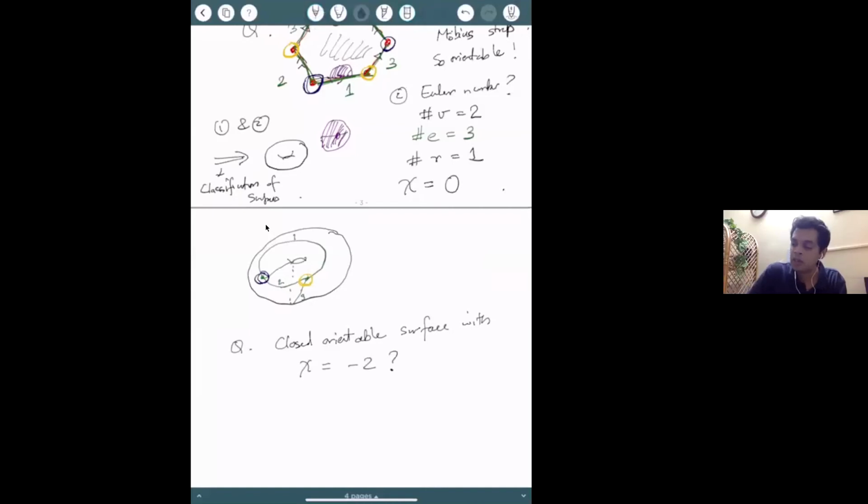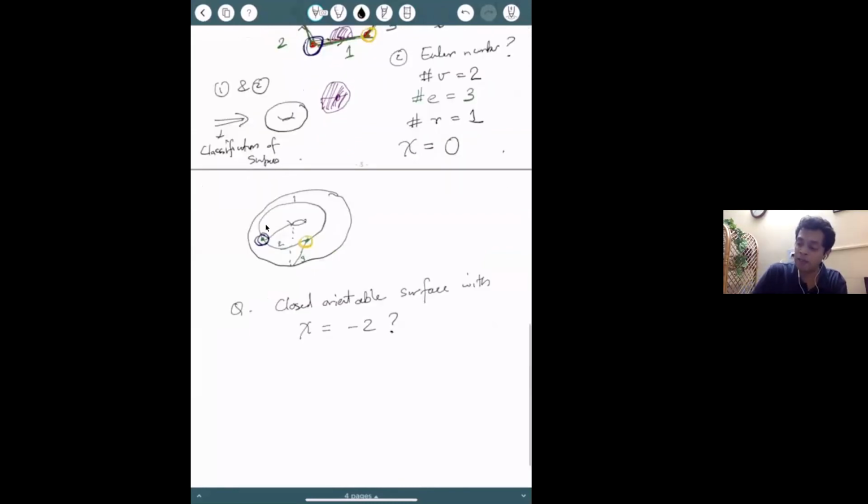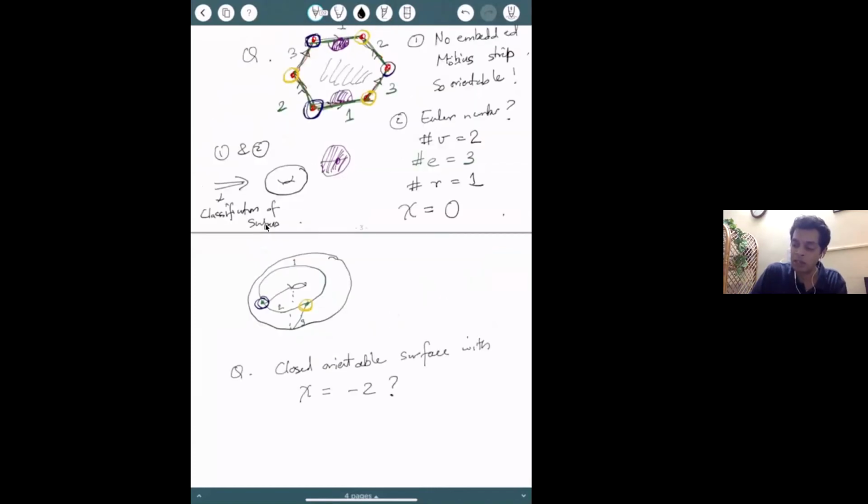This is somewhat more tricky, perhaps, if you're new to Euler numbers and you're trying to build things from the constructions we've seen. But you can maybe reach that if you notice a few things. Some of you already noticed that if you have some surface, abstractly, maybe you build it up by taking a polygon and gluing edges.